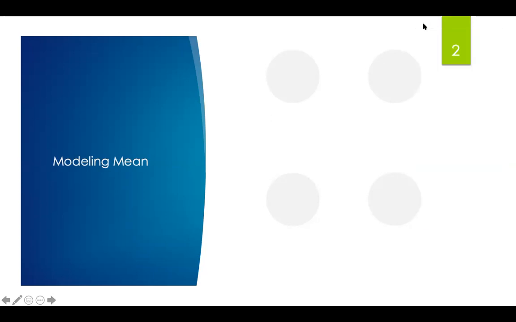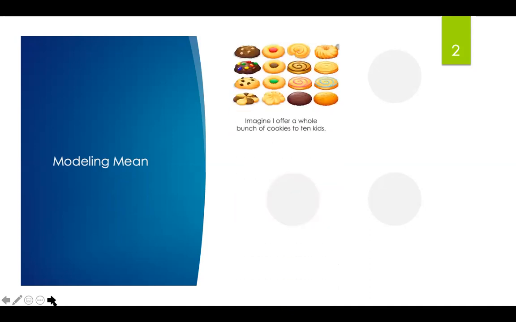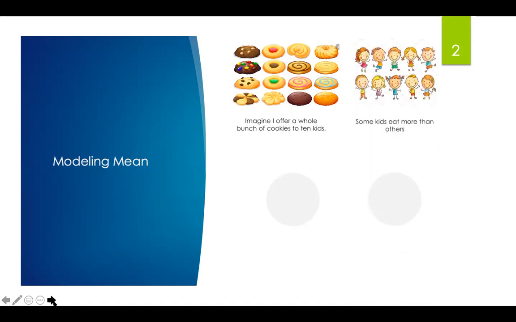Imagine I offer a whole bunch of cookies to 10 kids. So these are going to be offered to 10 kids. Some kids eat more than others. If I give you some cookies, Ahmed may eat 2, while Turkey would eat, let's say, 4.